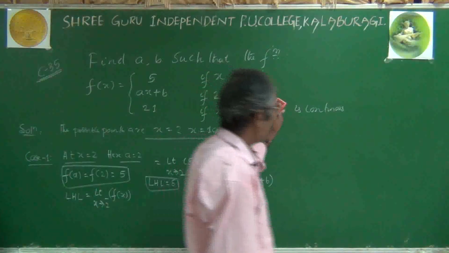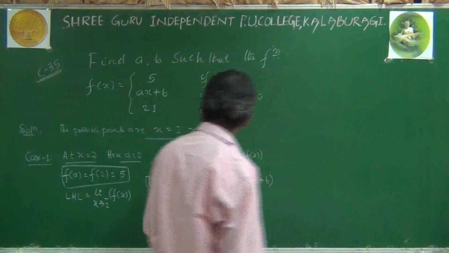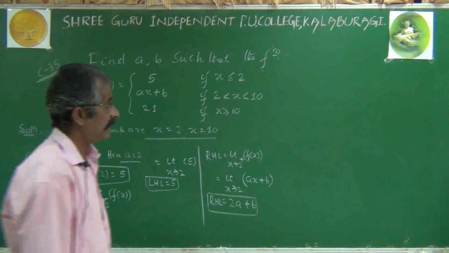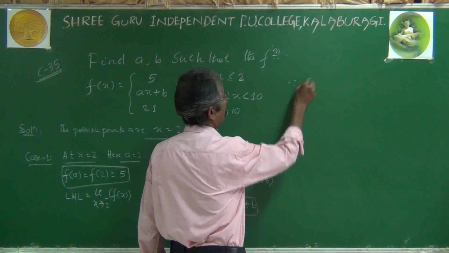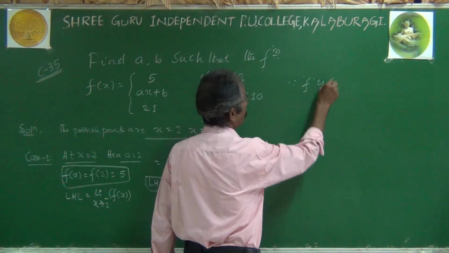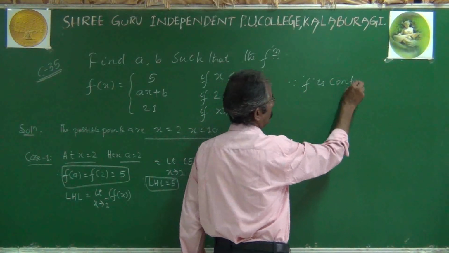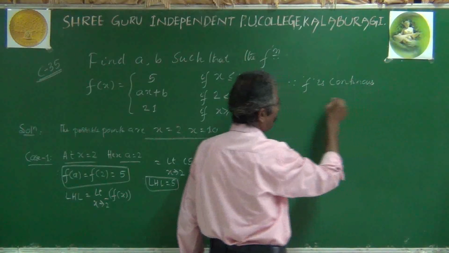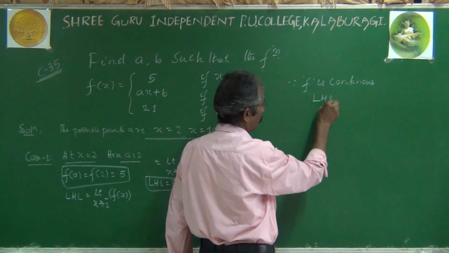As the function is continuous, obviously LHL must be equal to RHL, since f is continuous. Therefore, LHL equals RHL.